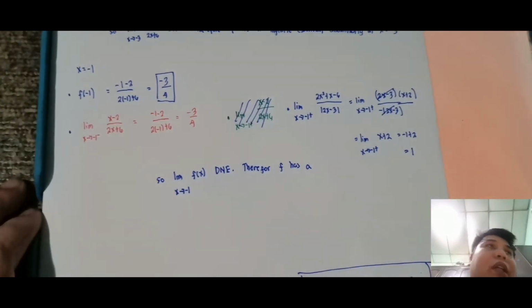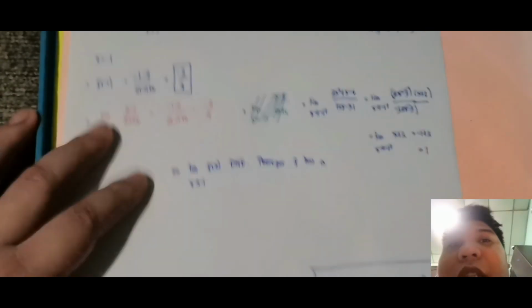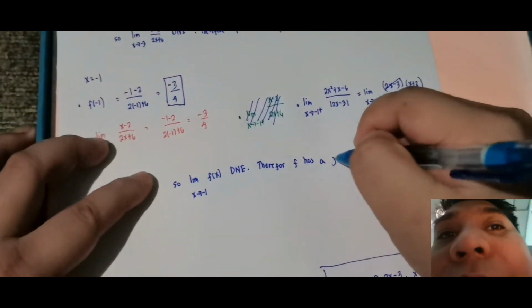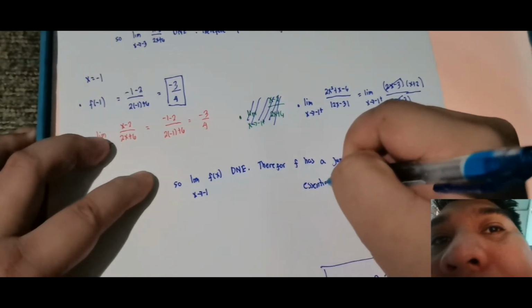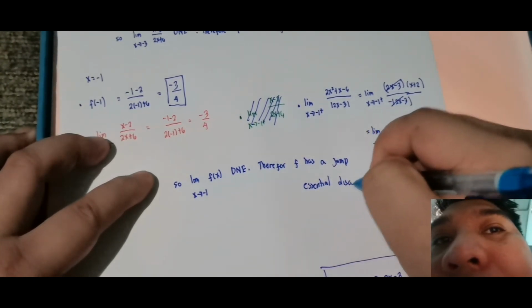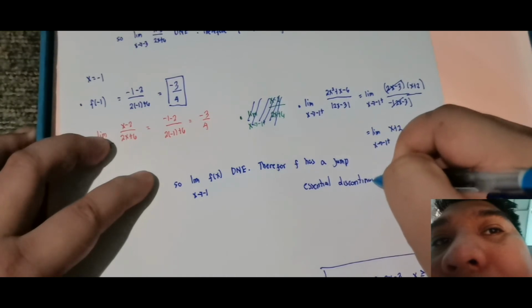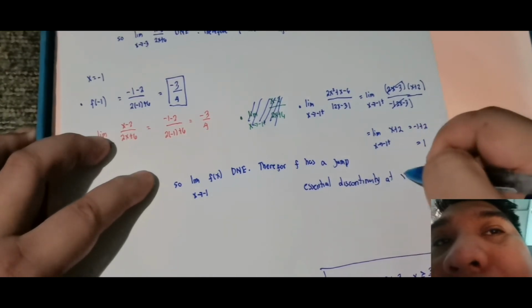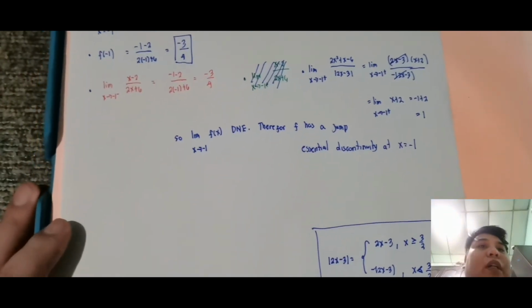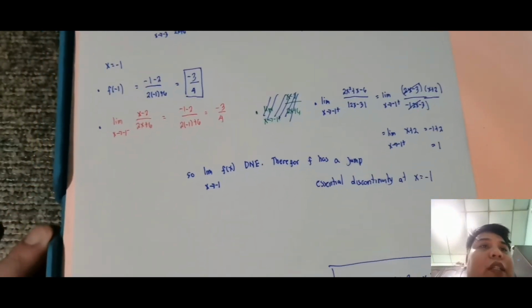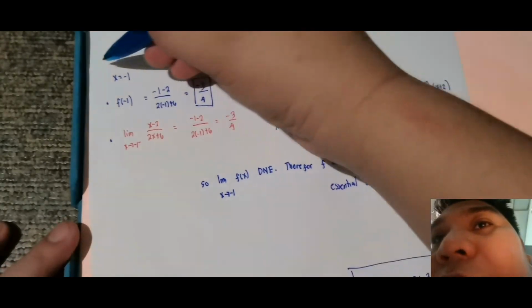Ang tawag sa kanya is jump essential discontinuity. Therefore, f has a jump essential discontinuity at x is equal to negative 1. Okay? So, ganun naman kasimple yung nangyari kay x is equal to negative 1. So, lagyan ko lang ulit dito ng guhit.